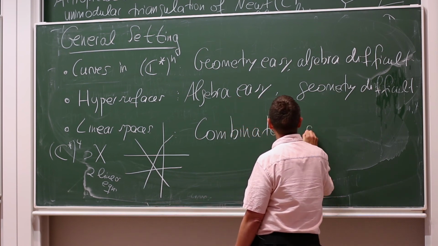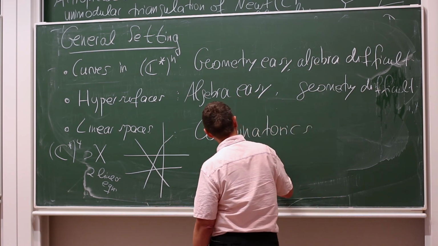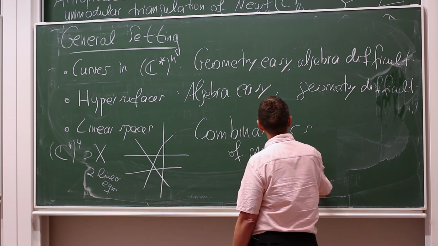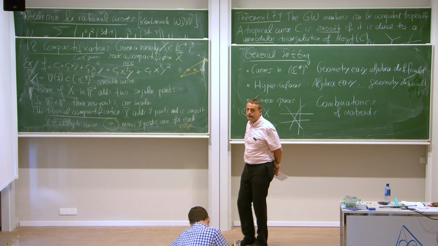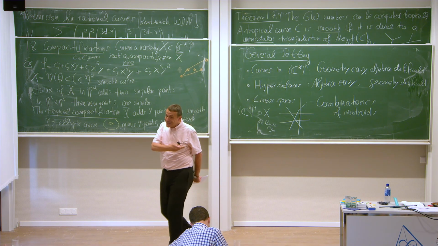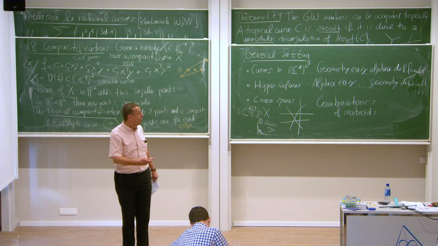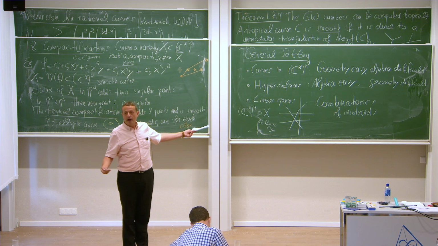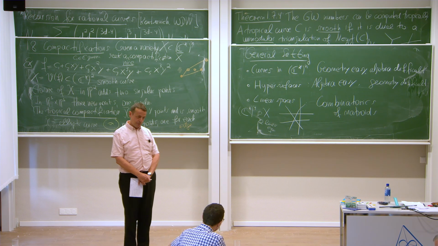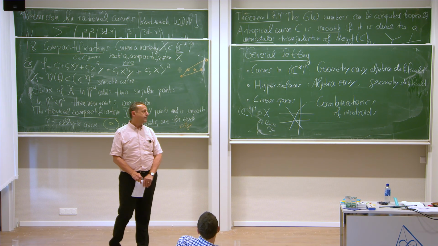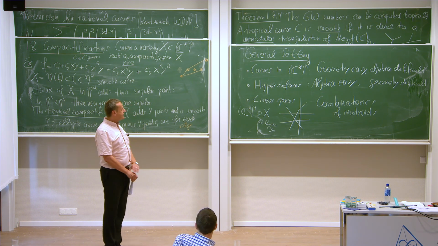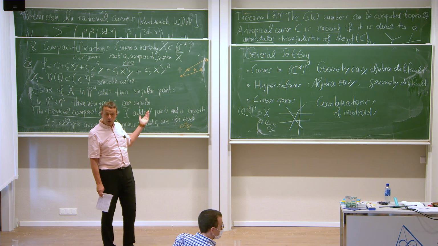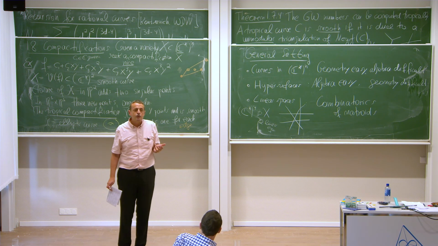So the word matroid will come up a lot. So linear spaces and compactifying linear space in this sense, compactifying the complement of our 5 table tennis balls, that compactification is driven by the combinatorics. So let me summarize again. If we just start with curves, Riemann surfaces, the geometry is easy.